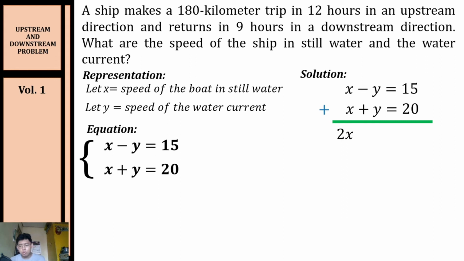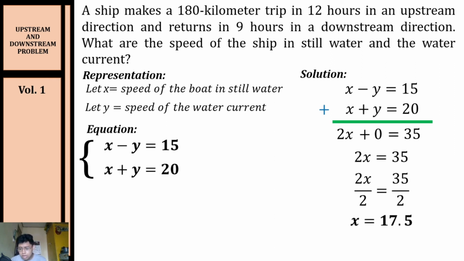Negative y plus y is equal to 0. 15 plus 20 is equal to 35. So we will have 2x is equal to 35. Let's solve for the value of x by dividing both sides by 2. 35 divided by 2 is equal to 17.5.